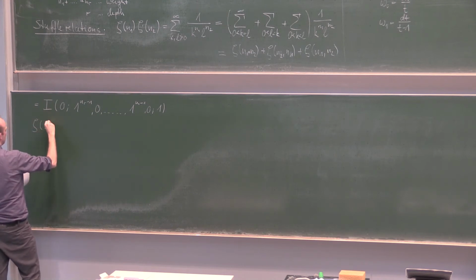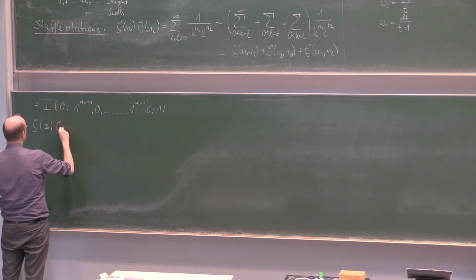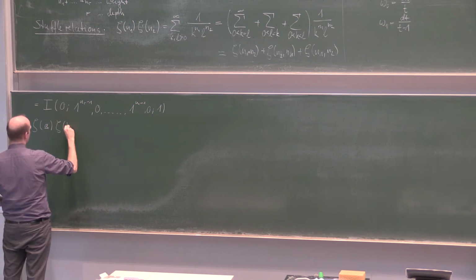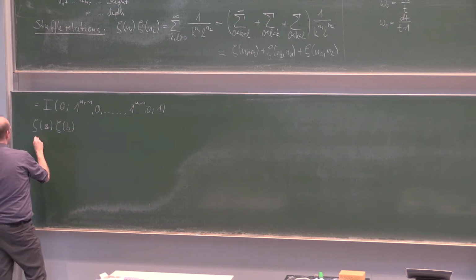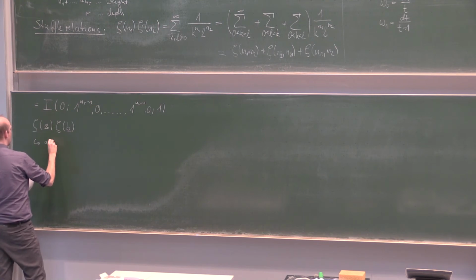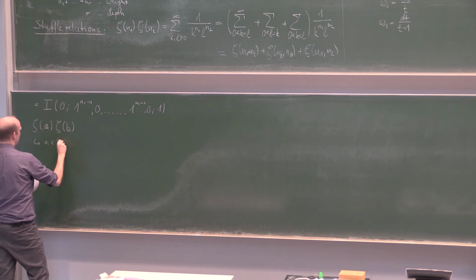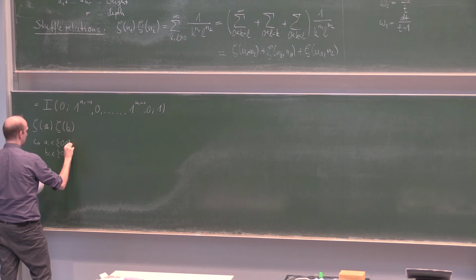Okay. Now, let us consider two zeta values, both with a set of indices, which I will denote with an underscore. So let's consider zeta of A and zeta of B. And these sets of indices are again such that each A_i is an element of 0 and 1, and each B_i is also an element of 0 and 1.